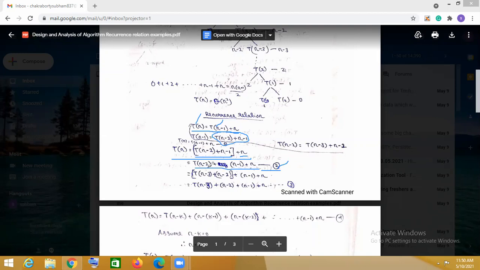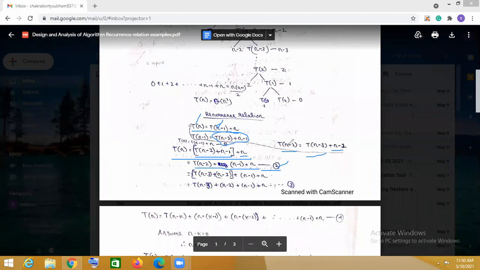So when we substitute T(n-2), what will it become? In case of n, we put n minus 2, so T(n-2) equals, in place of n we put n minus 2, then it becomes T(n-2-1), that means T(n-3). And in the other term, when you put n minus 2, it becomes n minus 3.